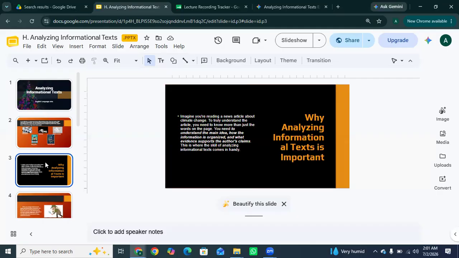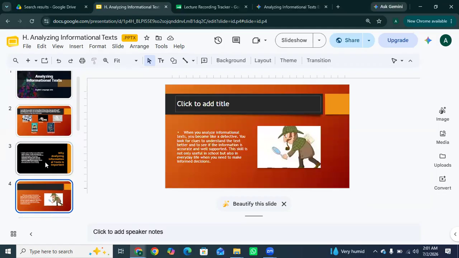So basically, to understand what you are reading, you can't just read the words. You have to figure out what the biggest point is, how the author set up the information, and if the author is actually using proof to back up what they say. When you analyze informational text, you become like a detective.